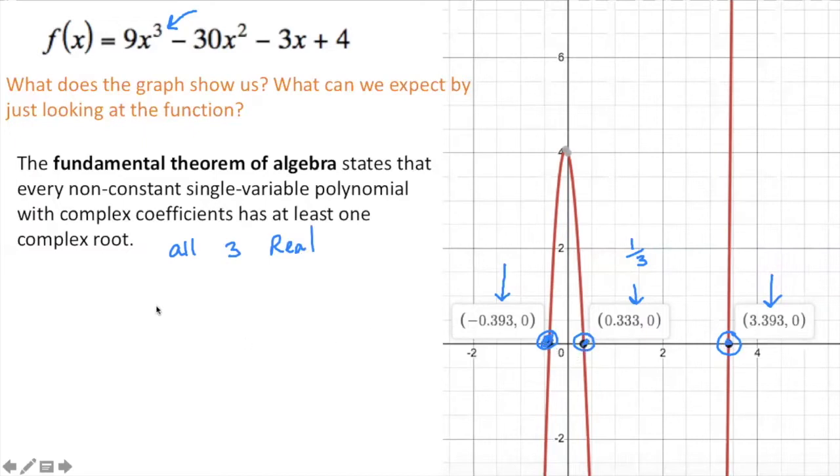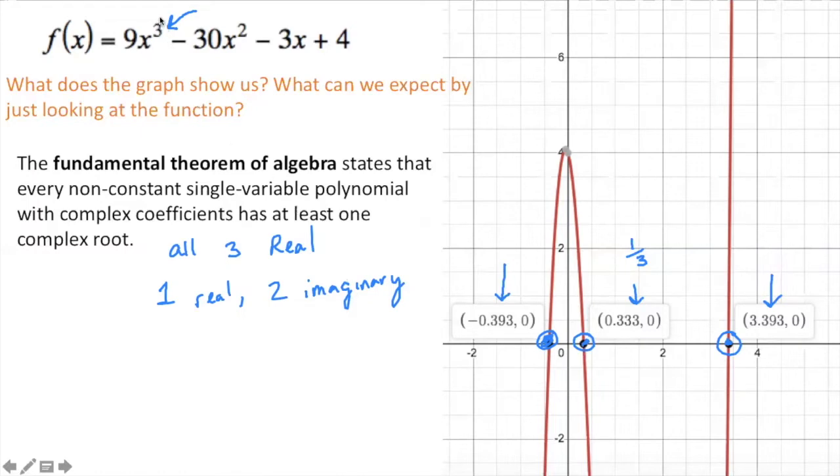But if you didn't have a graph to look at, you could have 1 real and 2 imaginary, which you do not see cross the x-axis. Imaginary roots always come in pairs, so you could not have 2 reals and 1 imaginary. That will never happen.